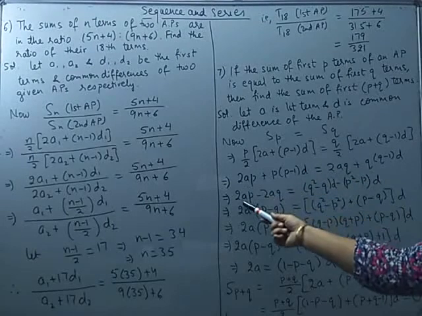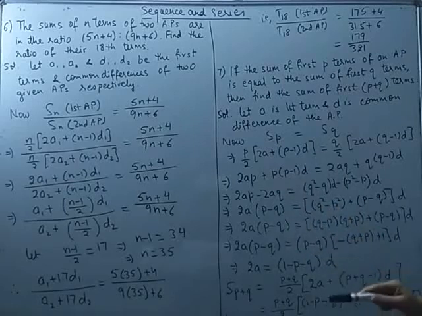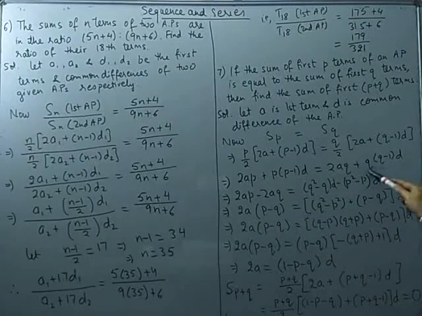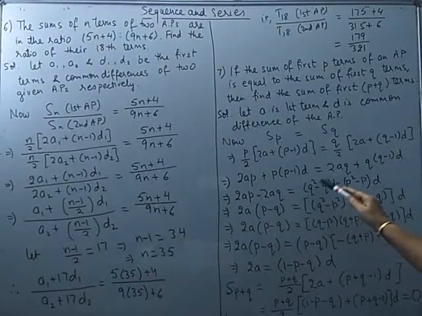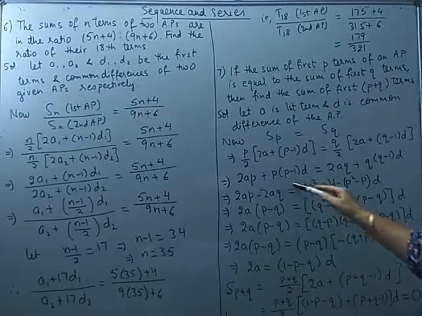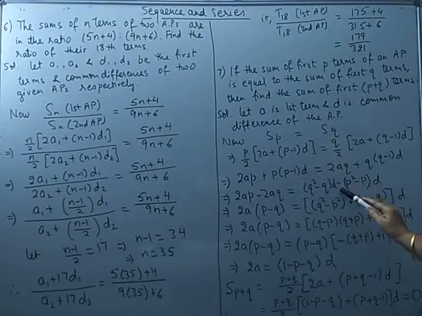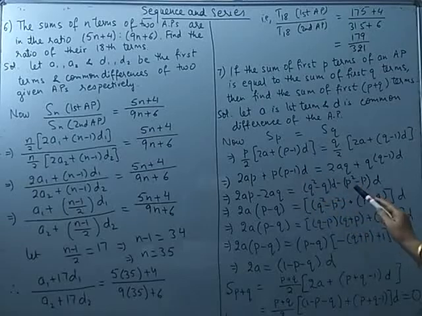So the left hand side becomes 2AP minus 2AQ. On the right hand side, this is Q into (Q minus 1), so if I multiply Q inside, it will become Q square minus Q and the whole getting multiplied with D. And shift this to the right side, so minus (P square minus P) into D.